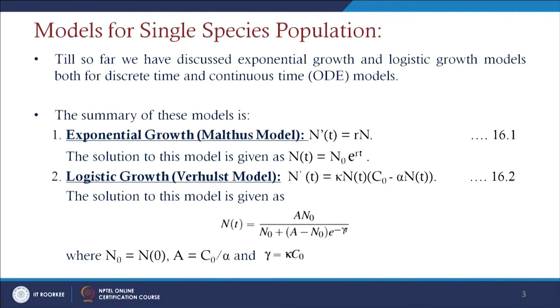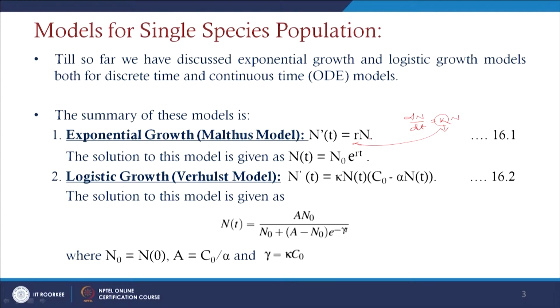The exponential growth model, as I have told, is basically called the Malthus model, and in mathematical representation it was written as dN/dt equals kN. That is, whenever there is a change of population growth rate or decay rate, it depends on the rate of population change, especially k, which we represent in the form of r here.